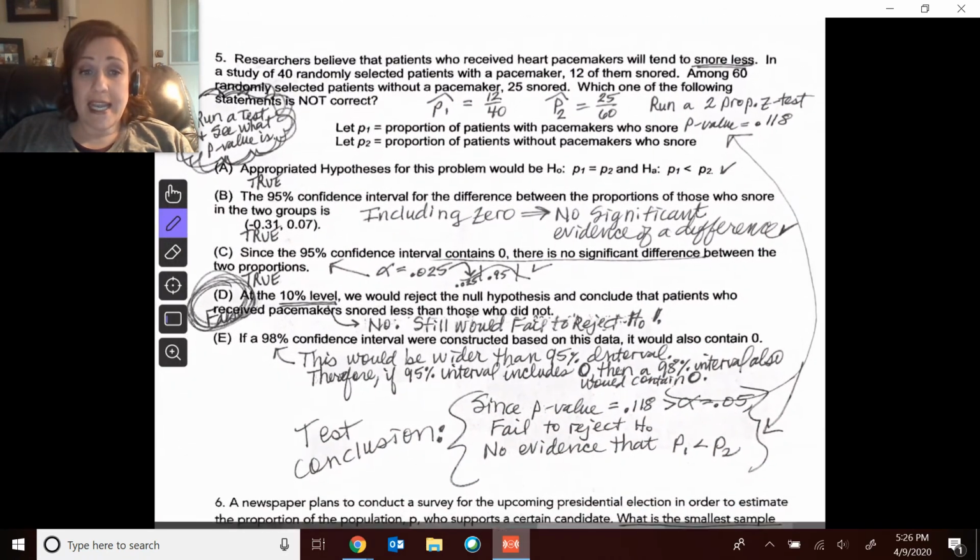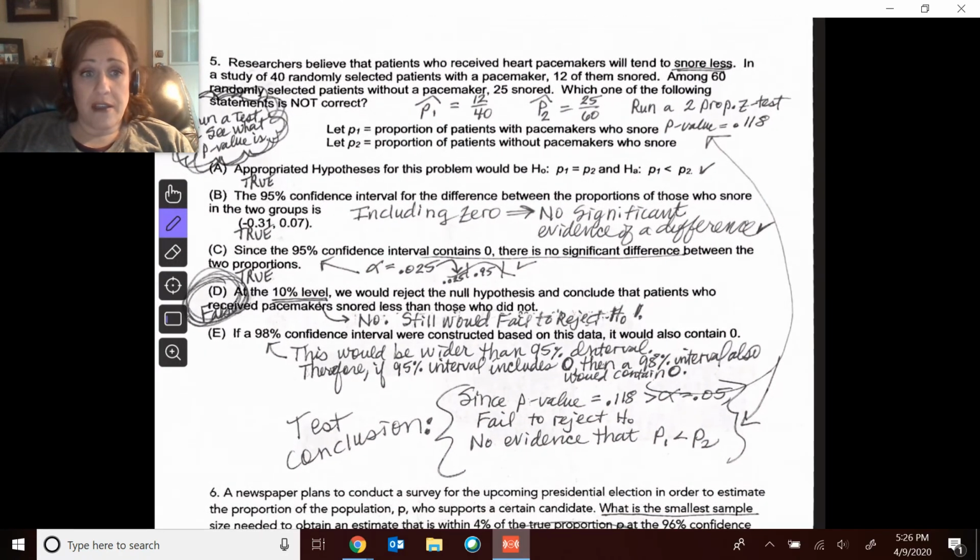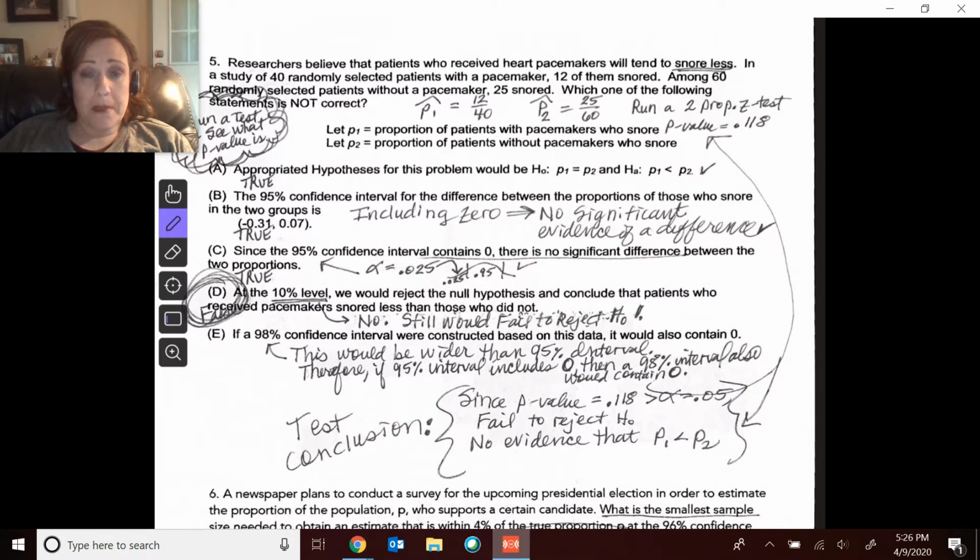All right, now, number 5. So this problem, I actually had to go and run the test. They were seeing if P1 is going to be our proportion of patients with pacemakers who snore, and P2 they defined as the proportion of the patients without a pacemaker who snore. So I have those two different things there.